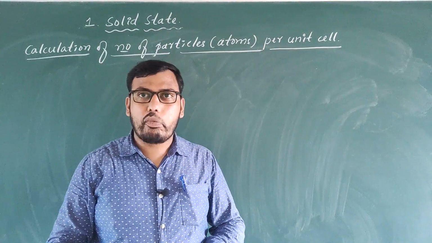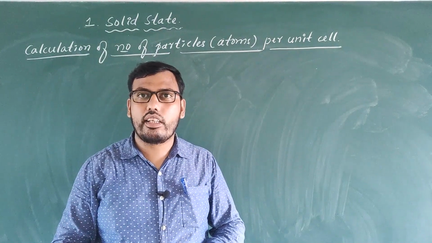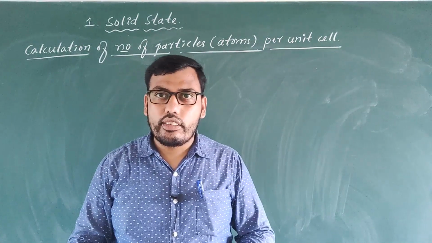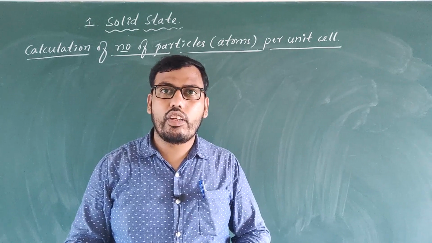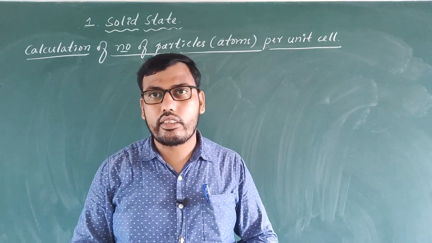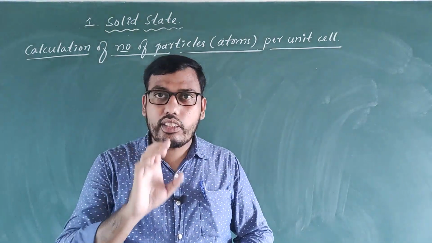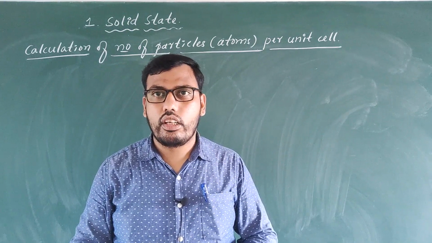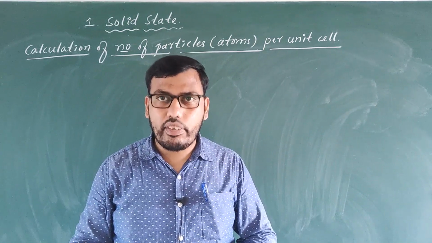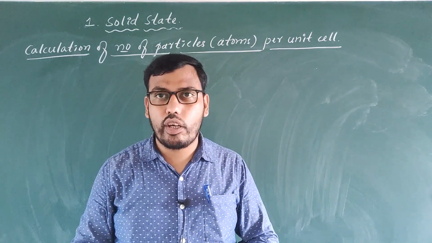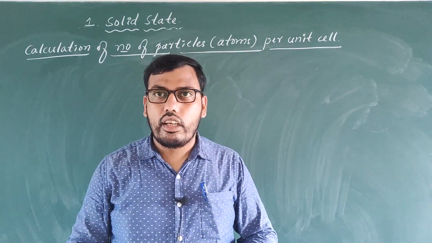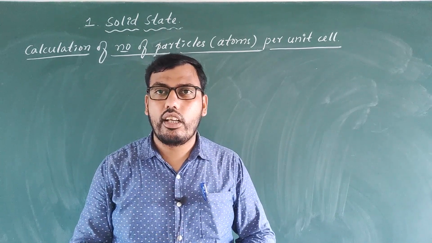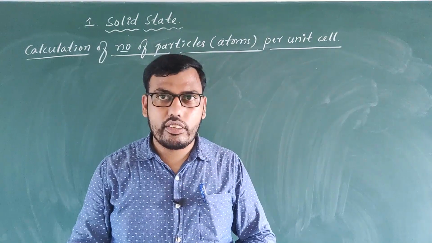So the next topic is calculation of the number of particles or atoms per unit cell. Dear students, you may think that we already know how many constituent particles are present in each type of unit cell. What you are thinking is wrong. What we stated in my previous classes is about lattice points. We say in a simple cubic or primitive unit cell, the total lattice points are 8.